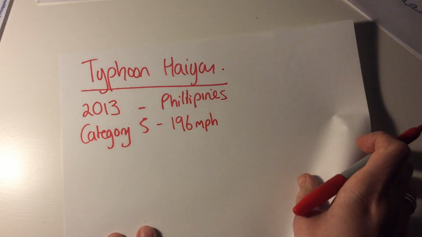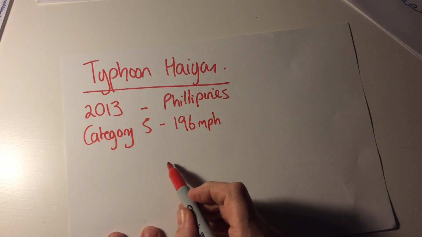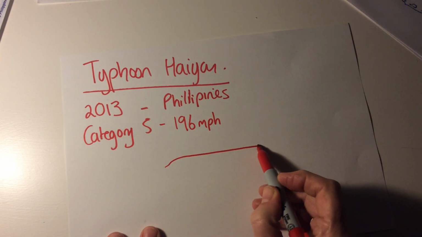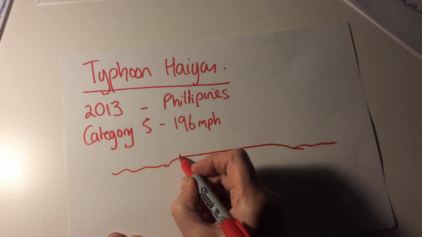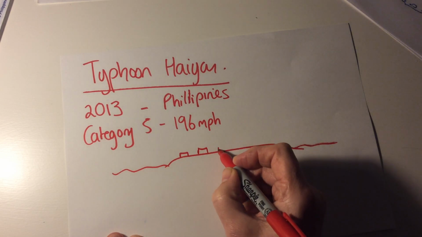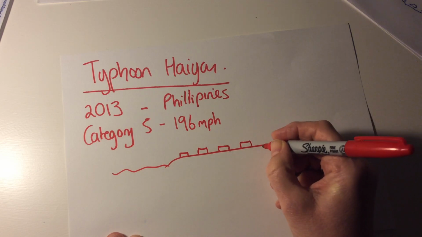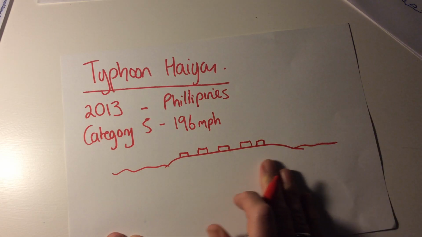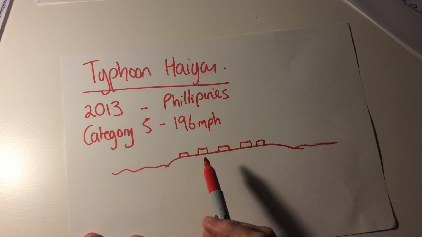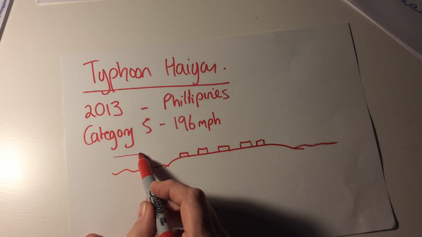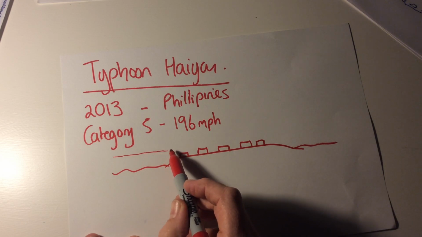A big problem for the Philippines was that many of the islands are low-lying. Okay, so there's some ocean and a low-lying island. The Philippines is a middle-income country, so it's not a low-income country, but there is a level of poverty in many areas, and houses are not necessarily going to be built to withstand the storm surge or the winds.